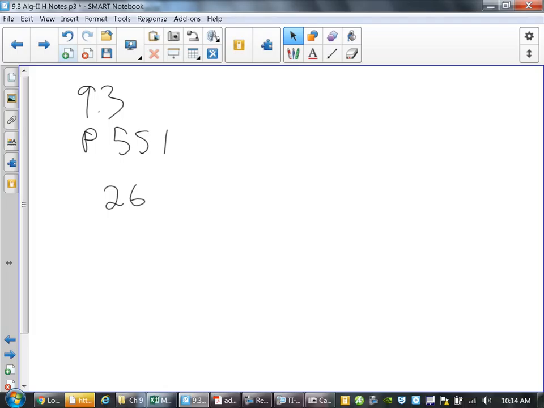Do 26 to 31, and one more, 36. Try those. Remember, if your degree is 1 more in the numerator than it is in the bottom, graph a slant, okay?